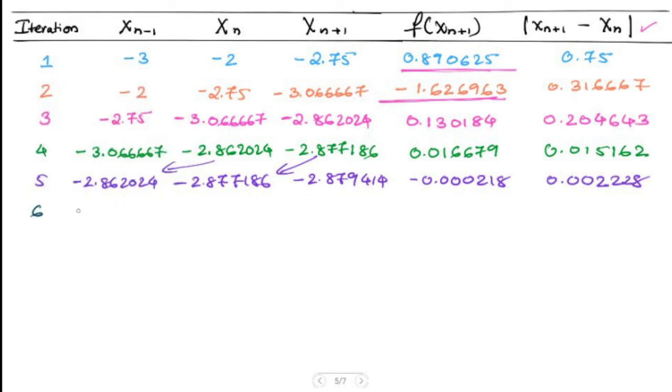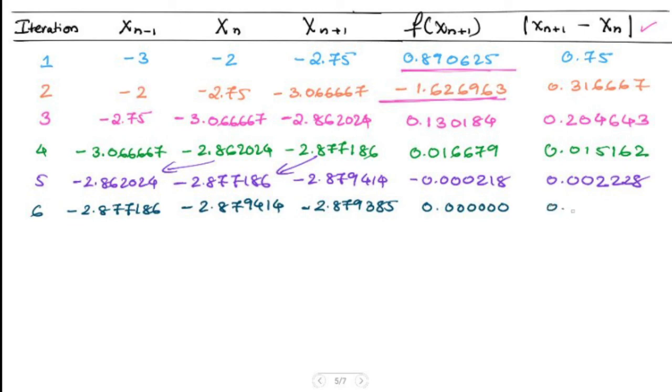Here we have the new xn minus 1 as minus 2.877186, and xn is minus 2.879414, and xn plus 1 now we get is minus 2.879385, and putting this value in the function now gives us 0.000000 up to 6 decimal places, and xn plus 1 minus xn will give us now 0.000029. As you can see, this is less than 10 to the power minus 4.